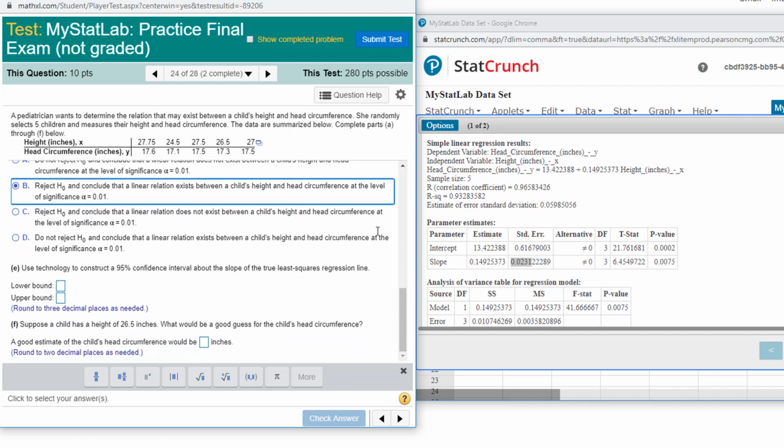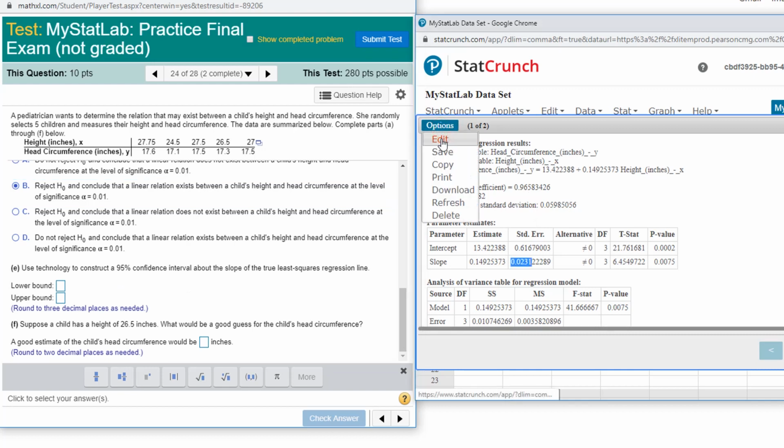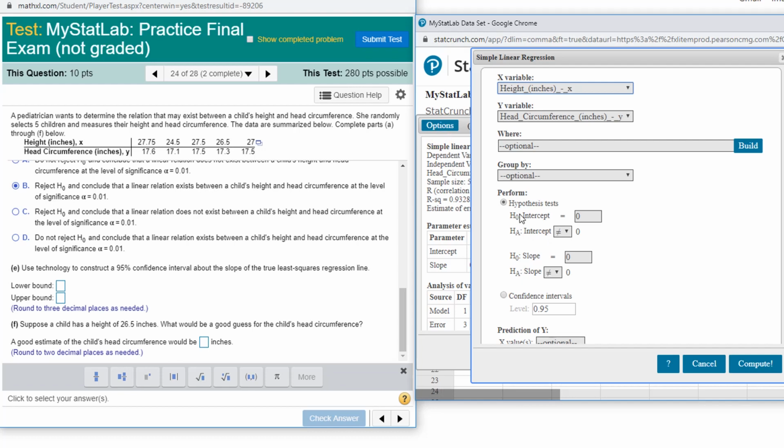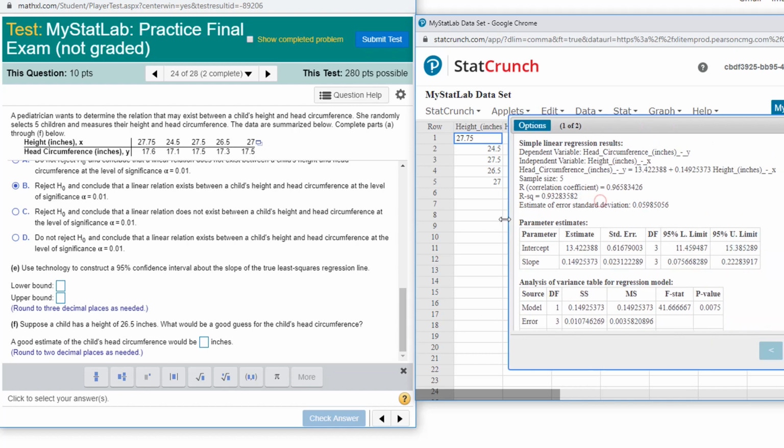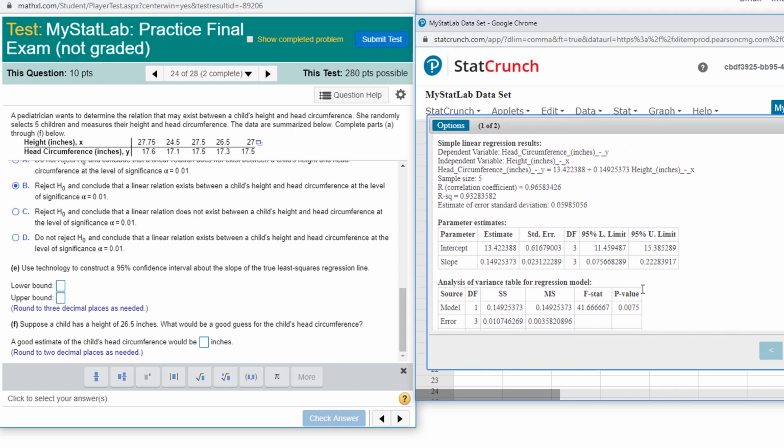And we want to now construct a 95% confidence interval. So I'm going to go back to the options and edit the options because I want to change from a hypothesis test to a confidence interval. Click compute, and I'm going to expand that so I can see it. Now for the slope, I have 95% lower limit and upper limit.